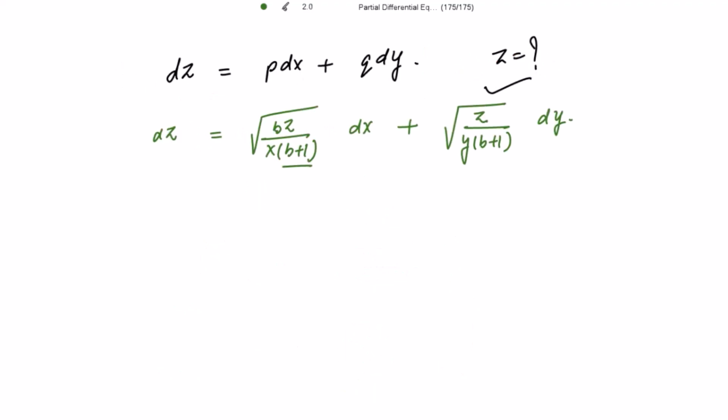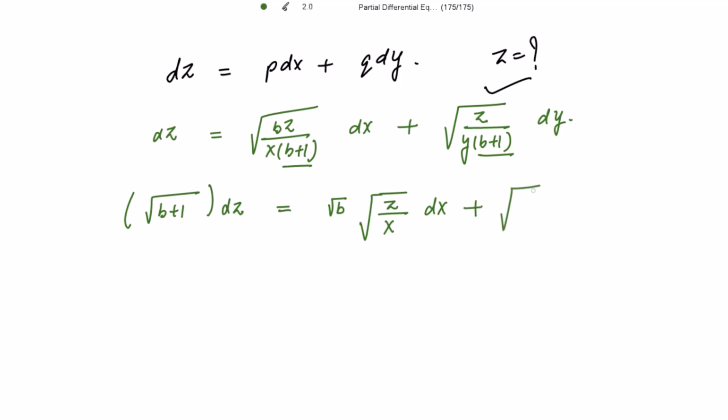Because square root of b plus 1 is common in the denominator, let me take that to the numerator of the left hand side. And I can also take the square root of b outside from the numerator. It is now the square root of z divided by x dx plus also the square root of z divided by y dy.